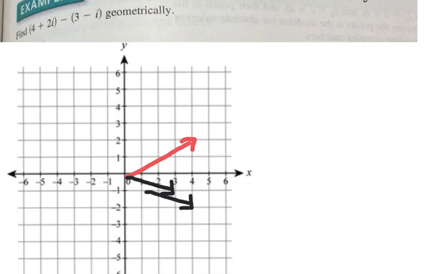Okay. So, when we subtract vectors, what we do is we take the vector and we rotate it 180 degrees in the opposite direction. Because what is a subtraction? That's a negative. Well, what's a negative graphically? That's a reflection. Right? How we would reflect over the x-axis or the y-axis if there was a negative.